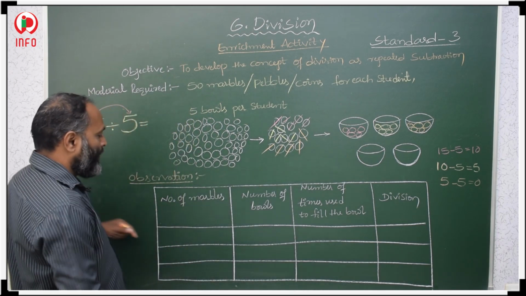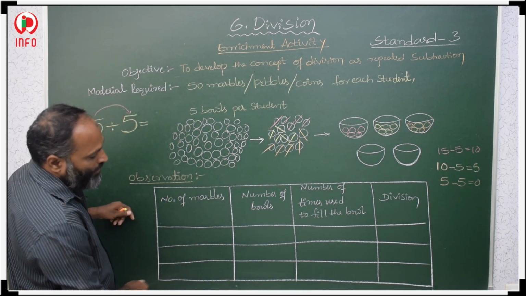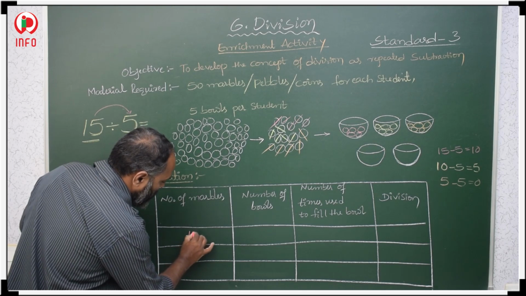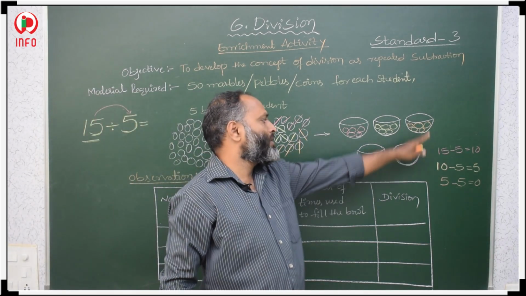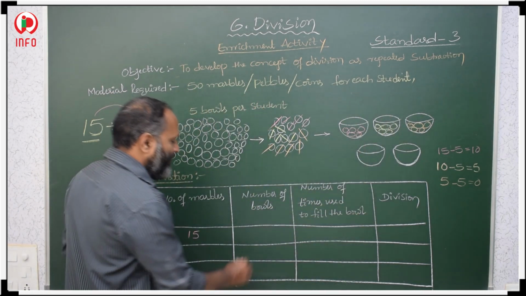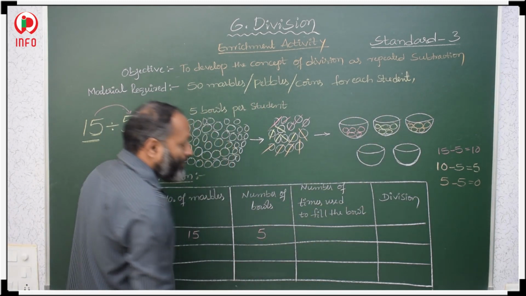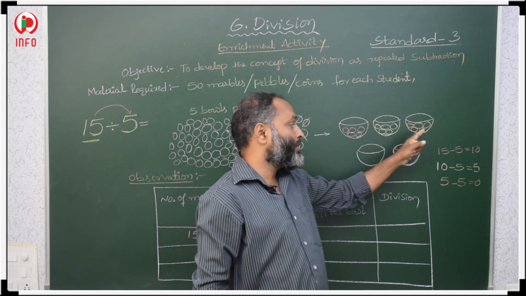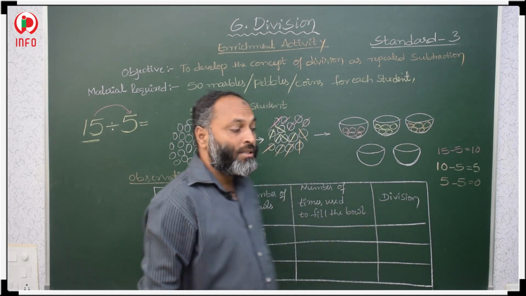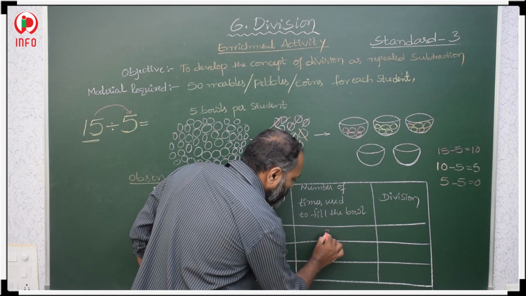Then here, in total how many marbles did we take? 15 marbles. Out of these, how many total balls do we have? Total we have 5 balls. But we need the number of times we used, filled the ball. How many balls did we use? 1, 2, 3. So we are using 3 balls.